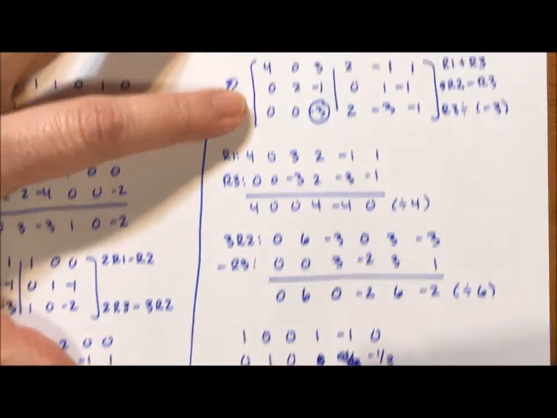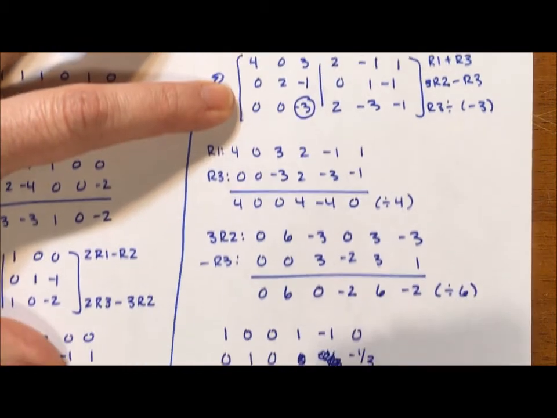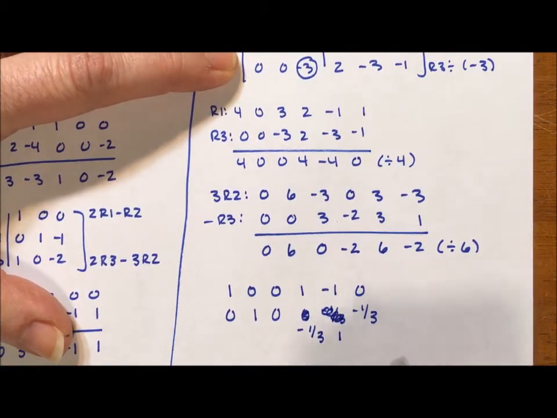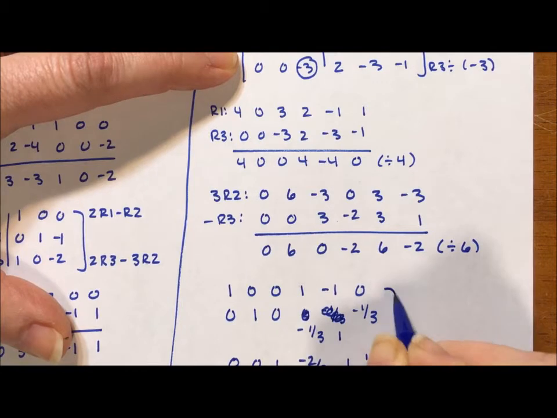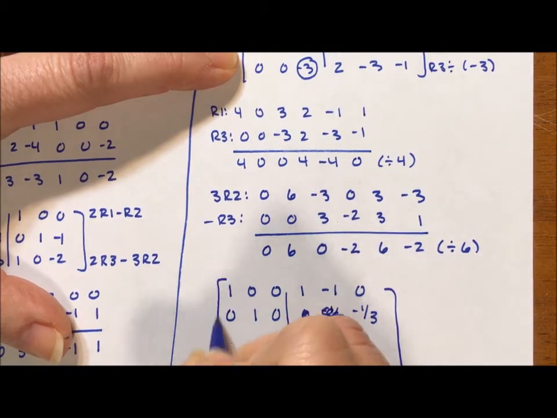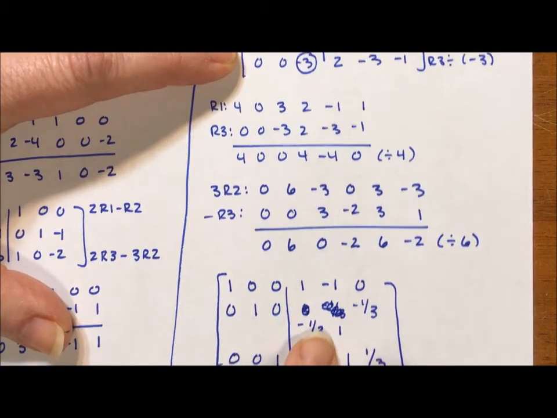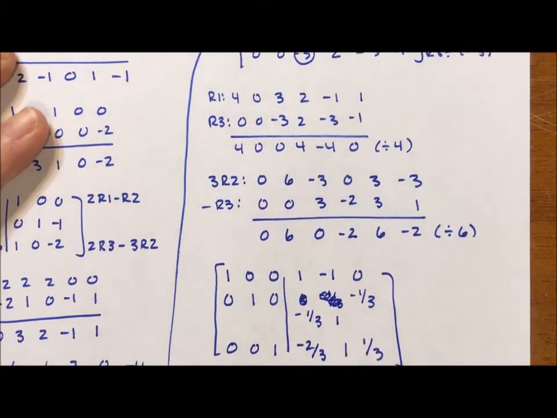And my third row up here, when I divide through by 3, I'm going to get 0, 0, 1, -2/3, 1, +1/3. This is why you should always use pencil with eraser or an erasable marker.